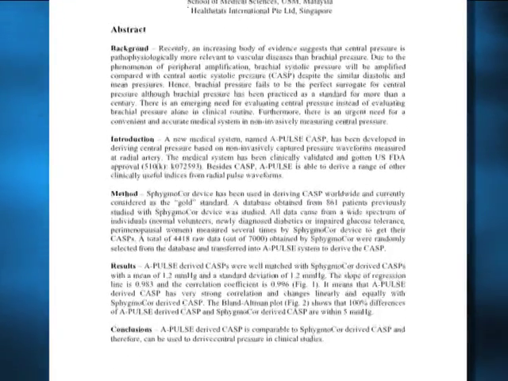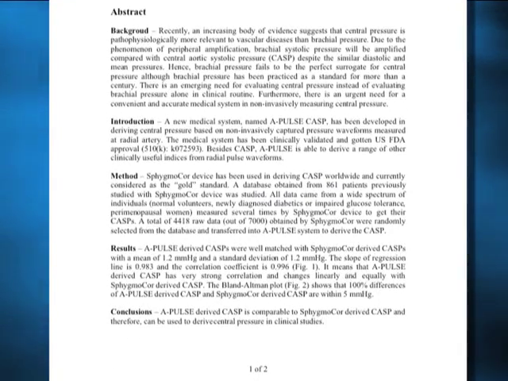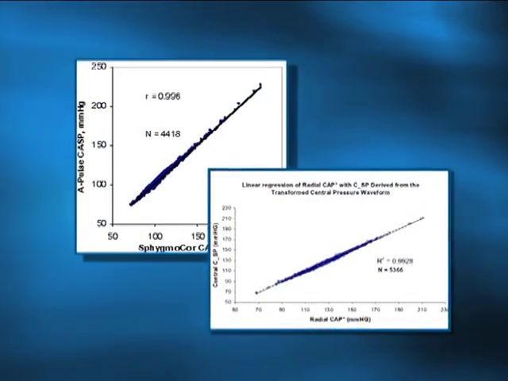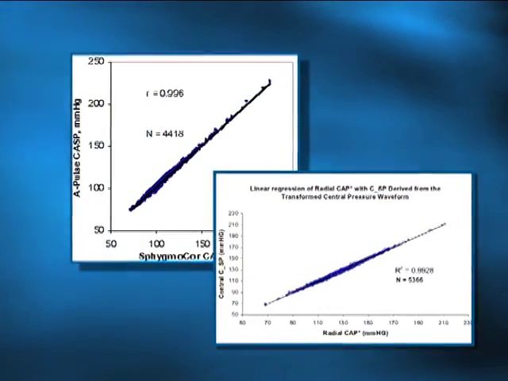We have done a comparison between the gold standard and our central pressure, and the accuracy is as close as 0.996. Can you imagine, with 10,000 patient waveforms, we can get that kind of close accuracy?